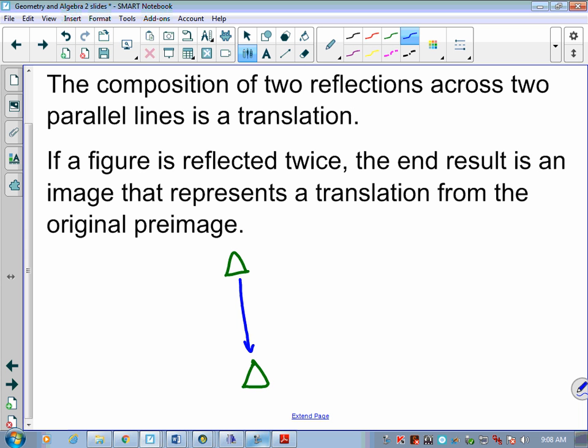Yes. So the reflection across two parallel lines essentially results in a translation. Further definition: if a figure is reflected twice, the end result is an image that represents a translation from the original pre-image.